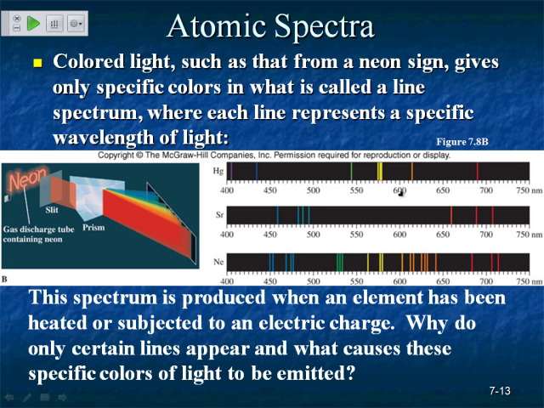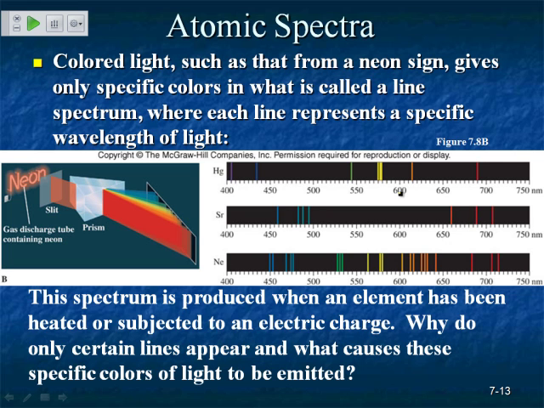Now, if anyone is wondering, how do you produce a spectrum of an element? If you heat an element or subject it to an electric charge, the electrons in the element absorb that energy, and they jump away from the nucleus.